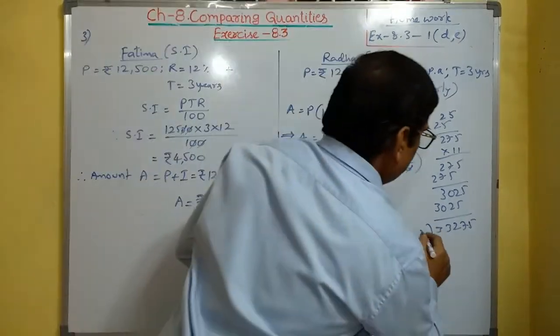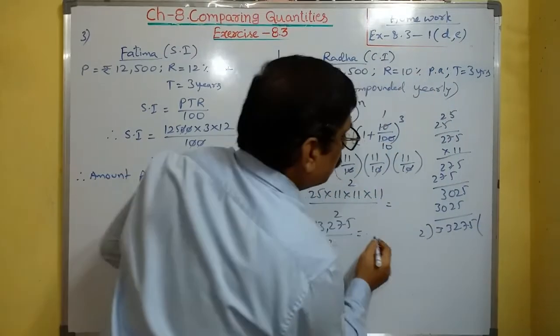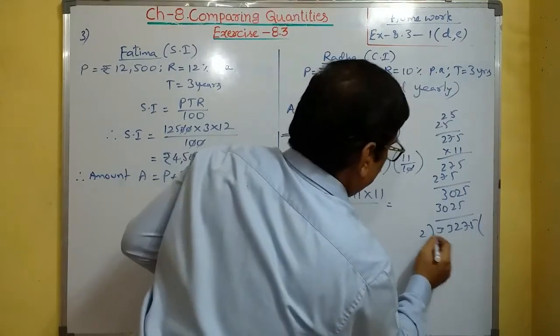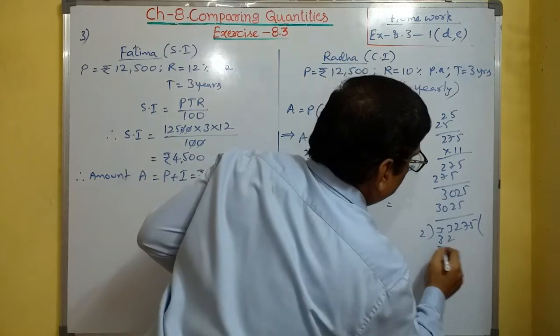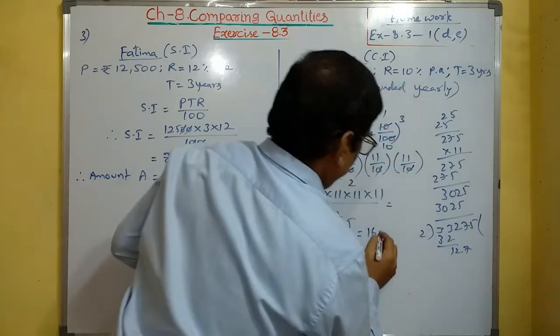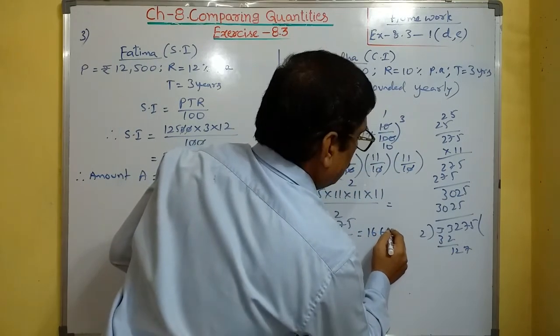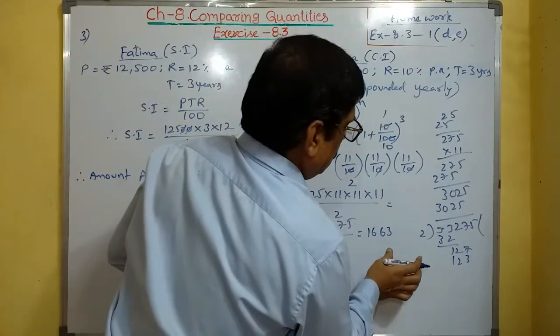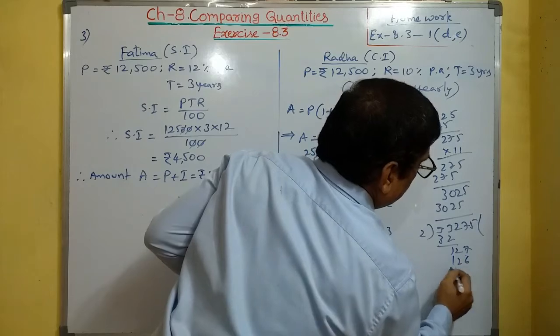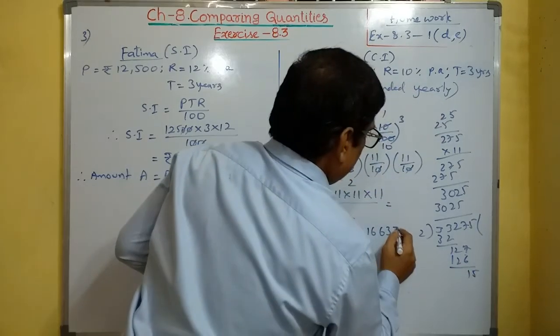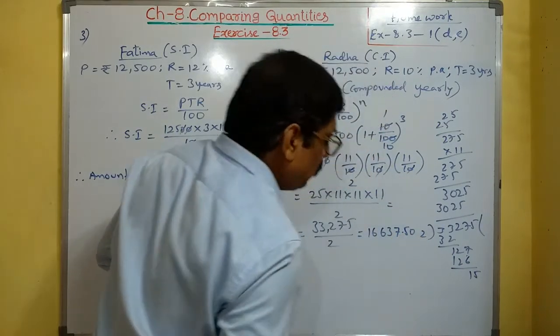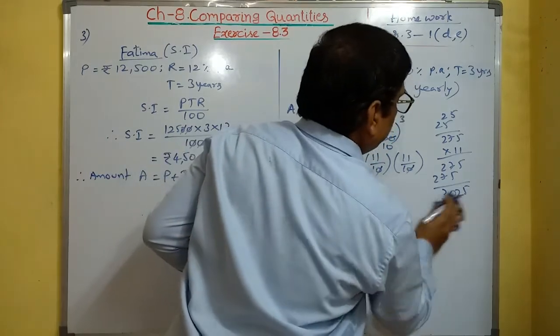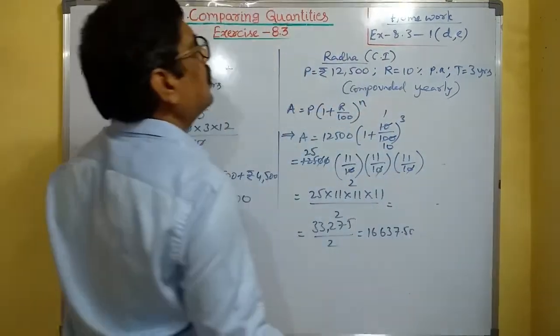Then you get 16,637.50. This is the amount to be paid at the end of 3 years.